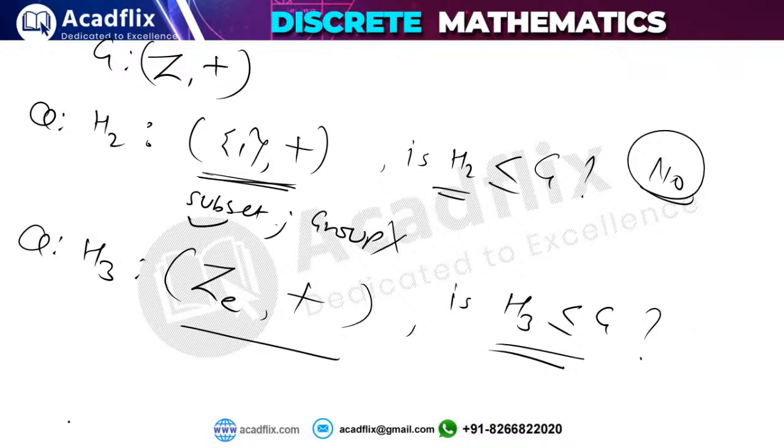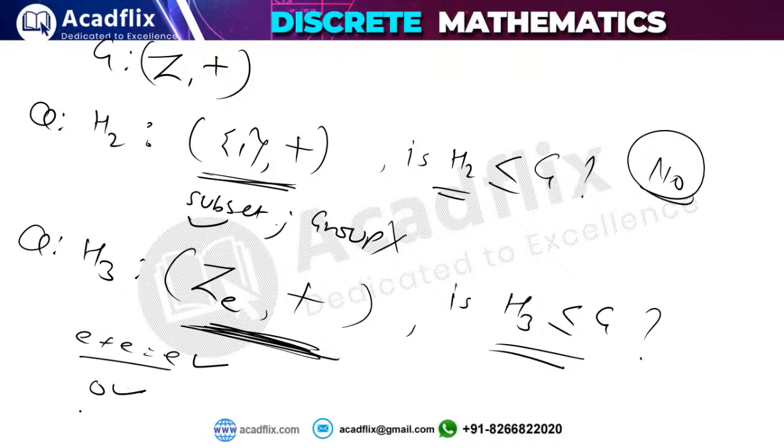Why? First of all, this is Z_E, the set of even integers, so first of all this is a subset. And also this is a group. Why? Because the closure property is satisfied: even plus even is equal to even. Associative property is satisfied because addition is associative, and the identity element is 0 because 0 is an even integer.